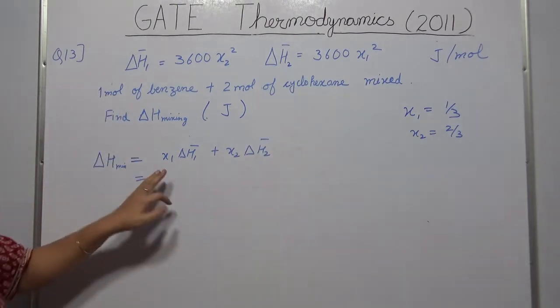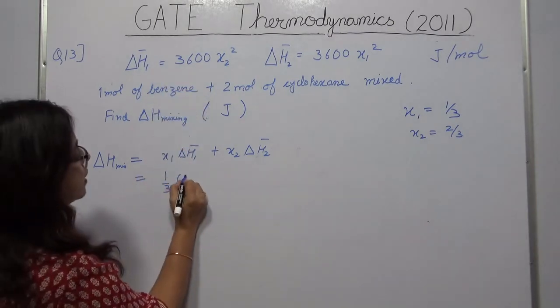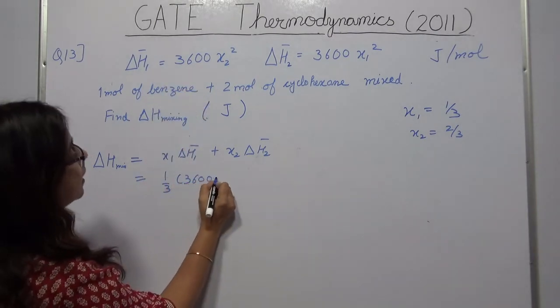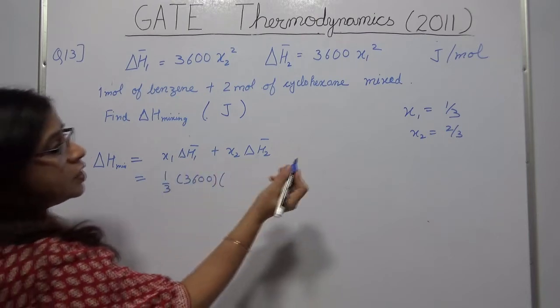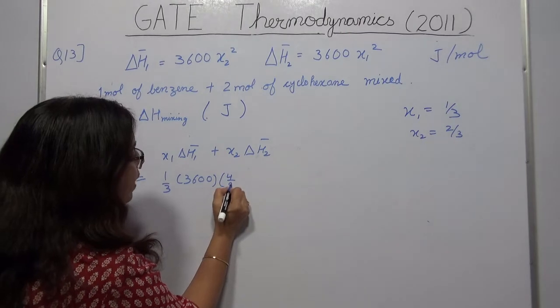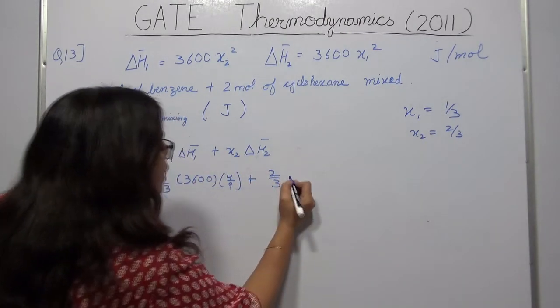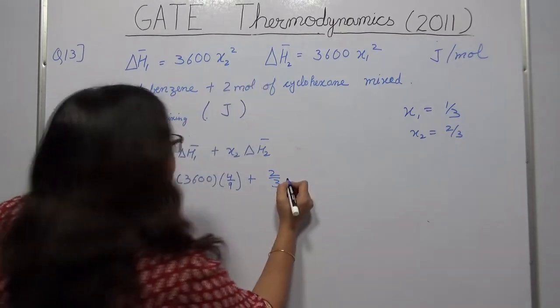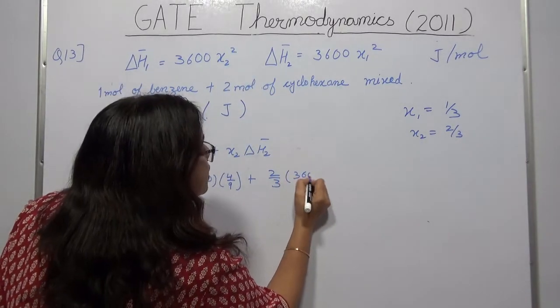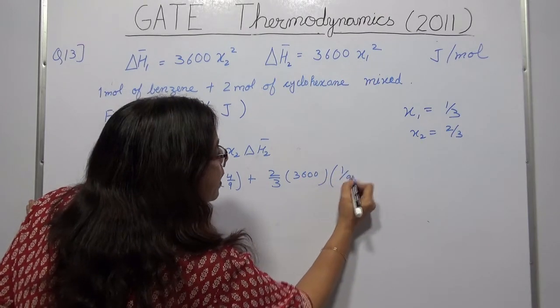So what is x1? That is 1 by 3. Delta H1 is 3600 into x2 squared. x2 is 2 by 3; if I do the square, I get 4 by 9. Plus x2, which is 2 by 3, times delta H2 bar, that is 3600 multiplied with x1 squared, that is 1 by 9.